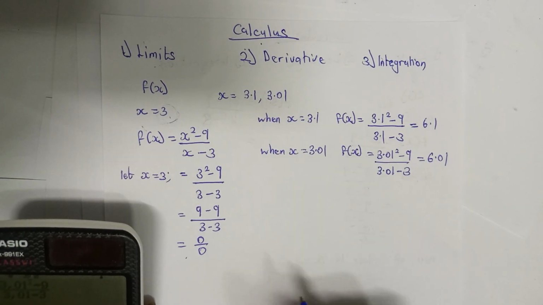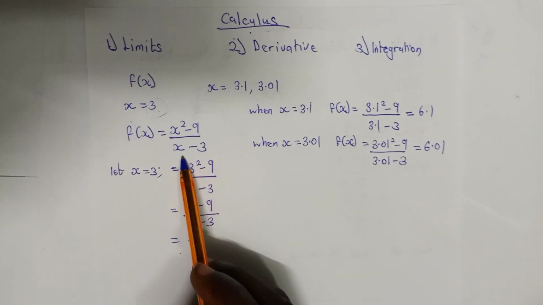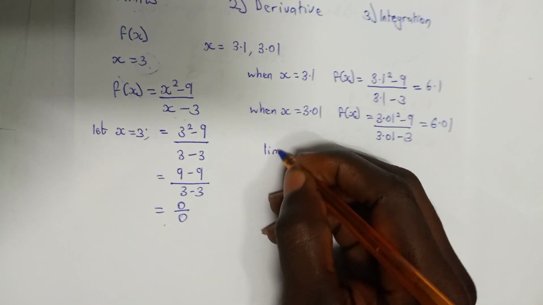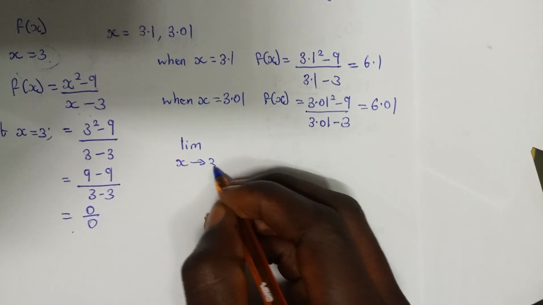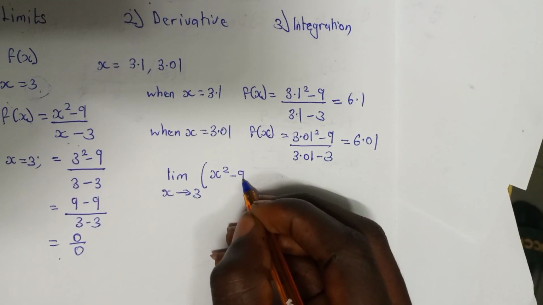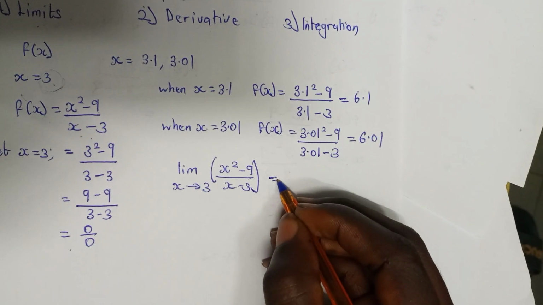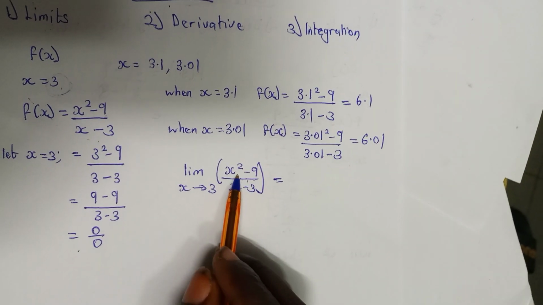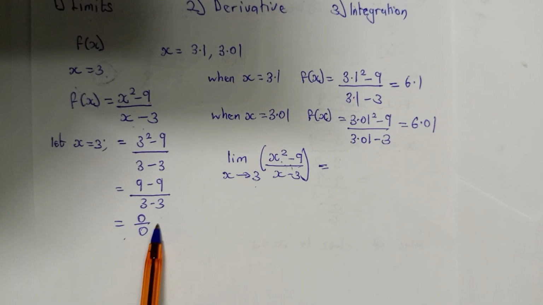So let's find the limit of the function f of x equals x squared minus 9 divided by x minus 3. So the limit as x approaches 3 of x squared minus 9 divided by x minus 3. Here we are going to simplify the expression, because when you substitute the value of x, we get 0, which is undefined.